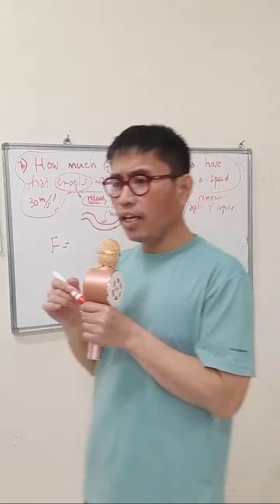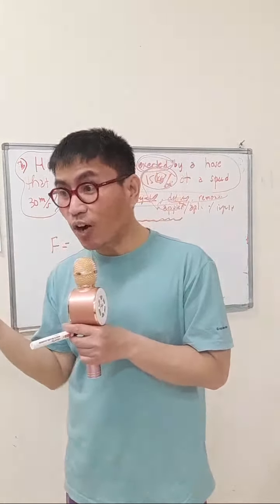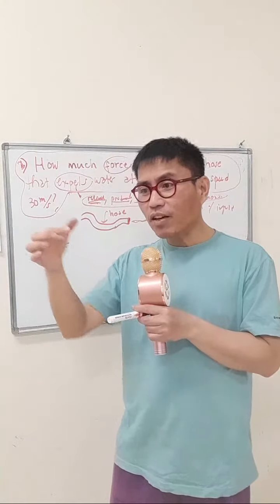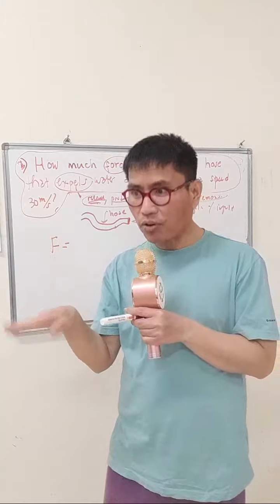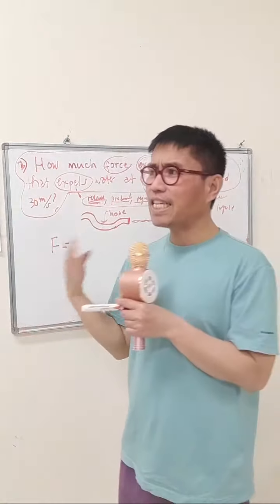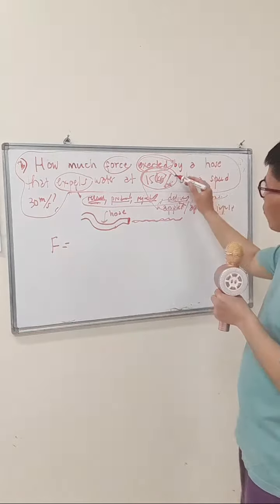Always accumulate in your brain cells that if there is a rate, the time will be in the denominator, could be a second, a minute, an hour, a day, a year, whatever.